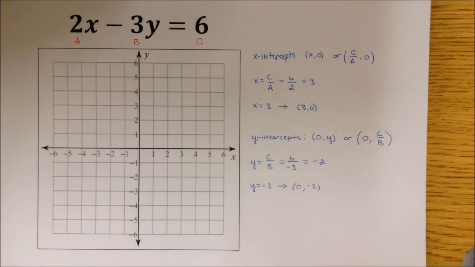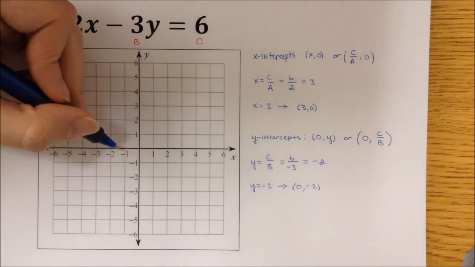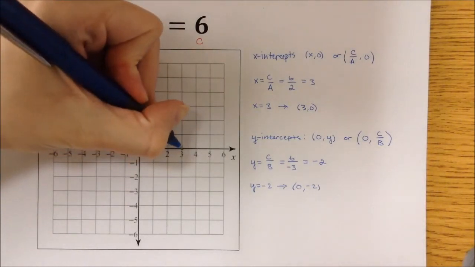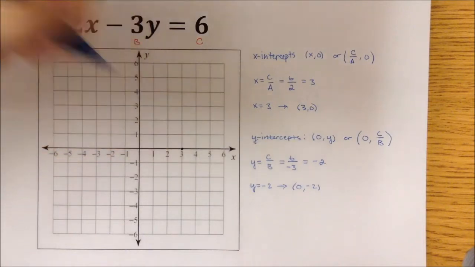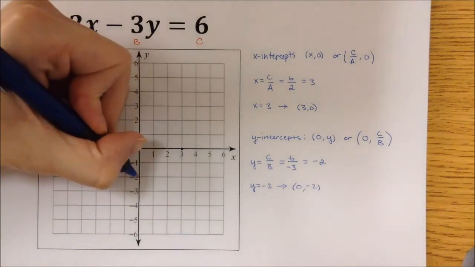Alright, so we got our 2 points, 3, 0, and 0, negative 2. What we're going to do is mark these 2 points on the graph, on the xy plane. The first one is 3, 0, so it's right here. And the second one is 0, negative 2, which is right here.